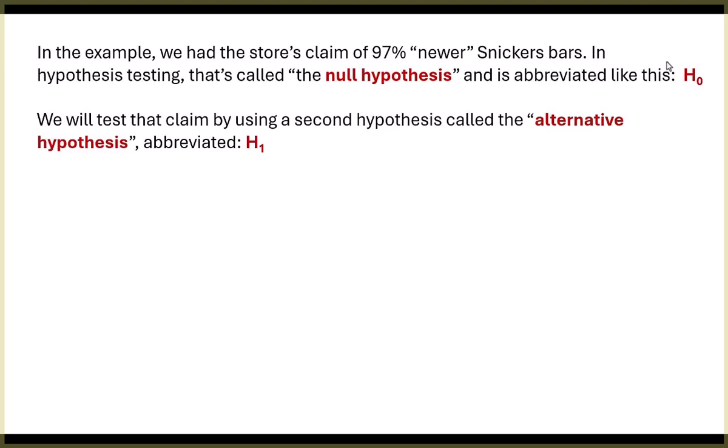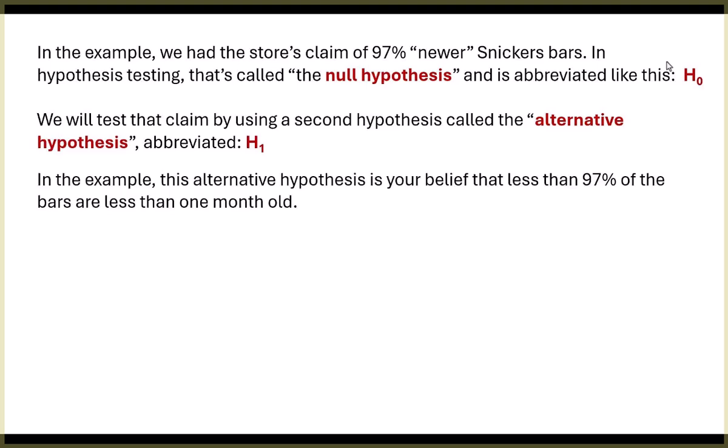So we've got two hypotheses that are competing here. So our alternative hypothesis is, no, we think less than 97% of your Snickers bars are on the shelf for less than a month.